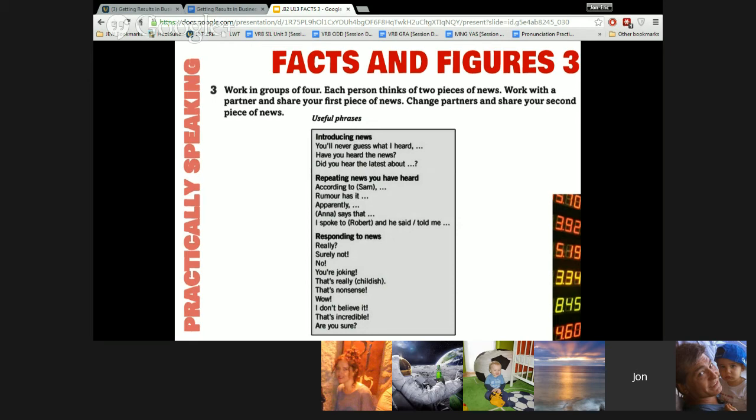Have you heard the latest news about Angelina Jolie and Brad Pitt? Oh, no. Don't tell us. Really? Don't tell us. According to the newspaper today, I read he's going to play in the latest Angelina's film.